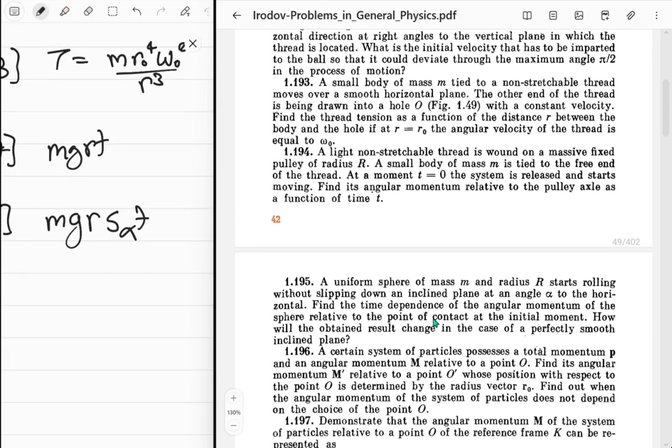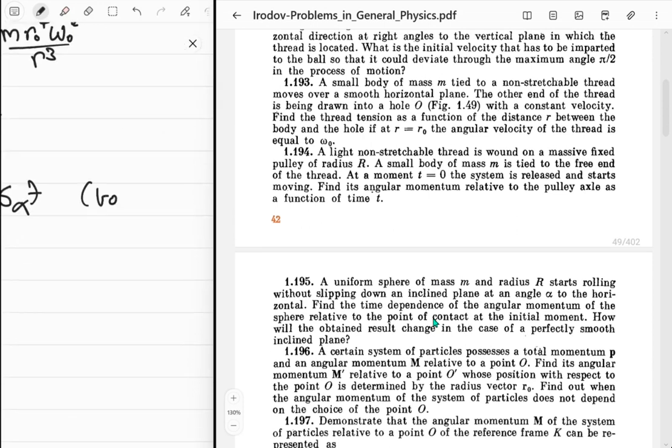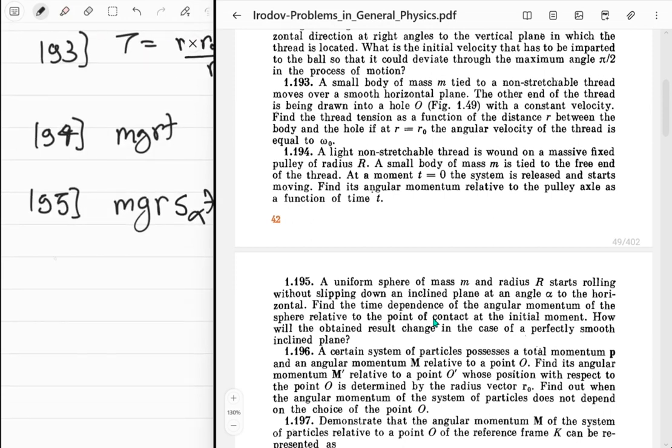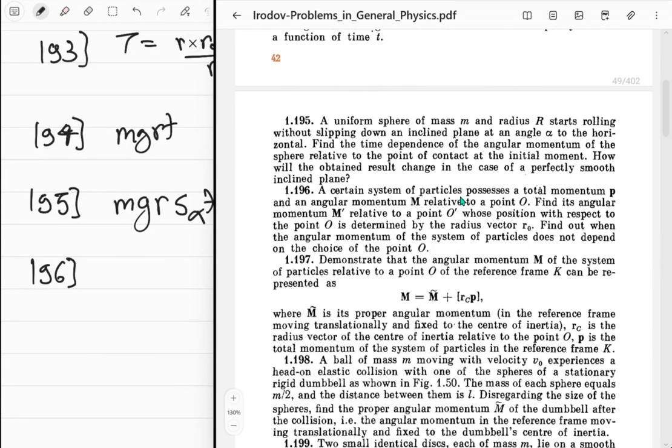So yes, in both cases. Right, 196. A certain system of particles possesses a total momentum p and an angular momentum M relative to the point O. Find its angular momentum M dash relative to point O dash, whose position with respect to point O is determined by the radius vector r naught.